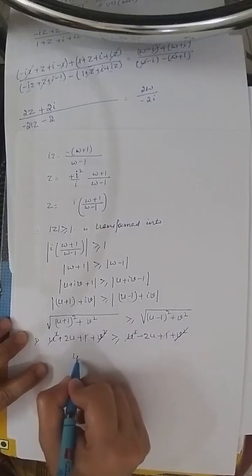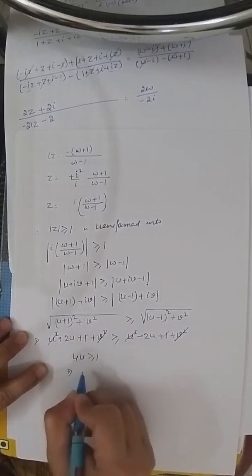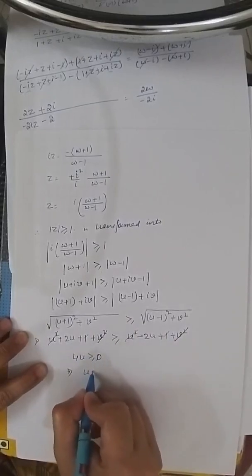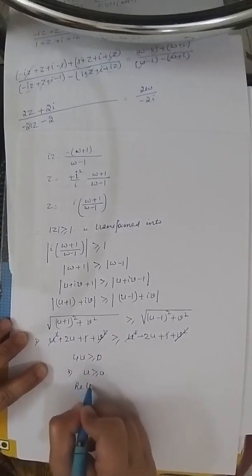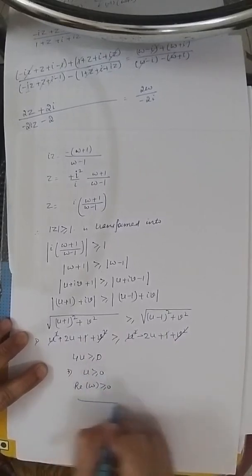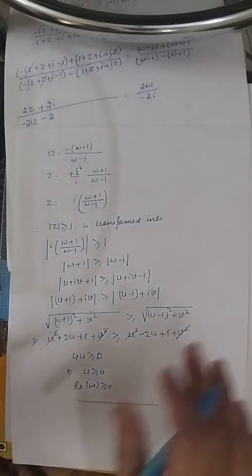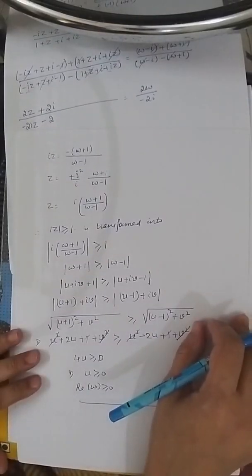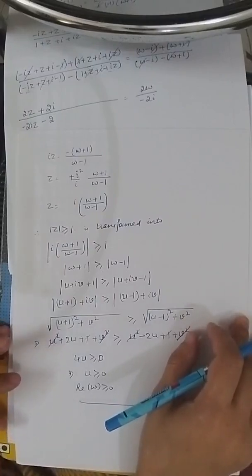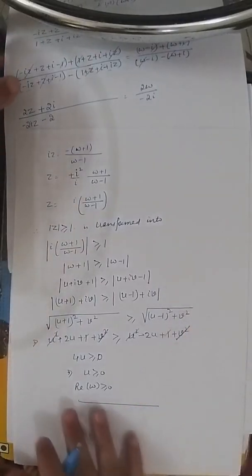From here you will get 4u ≥ 0, that is u ≥ 0, or real part of w is greater than or equal to 0. That means the outside of the circle |z|=1 is transformed into the half plane Re(w) ≥ 0. Now next sum.